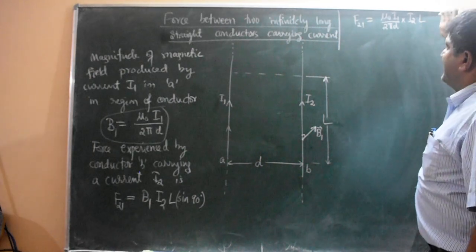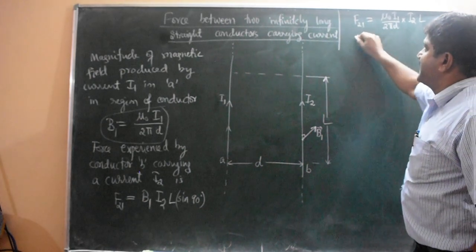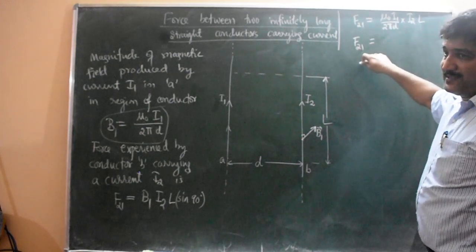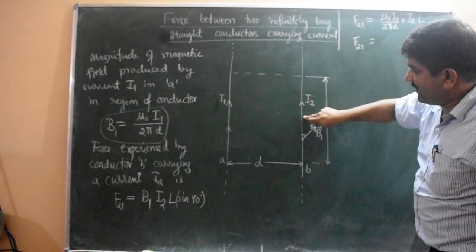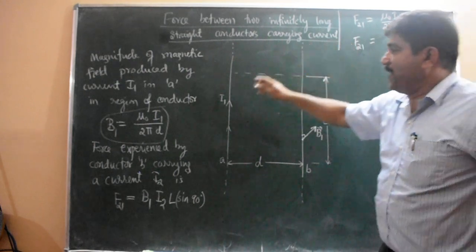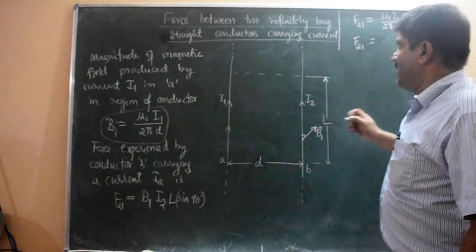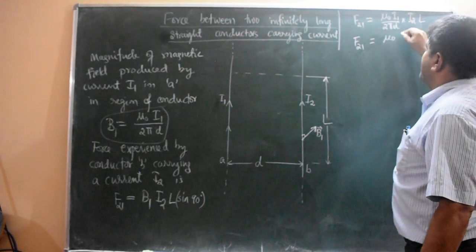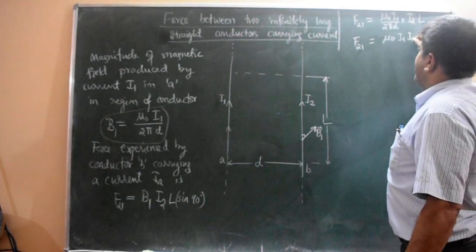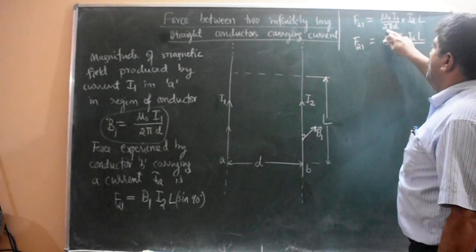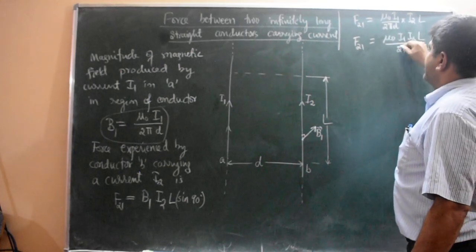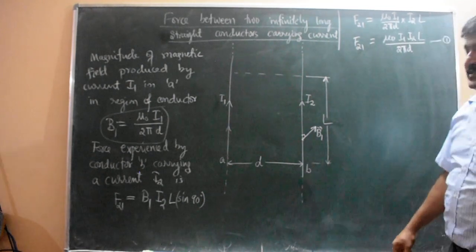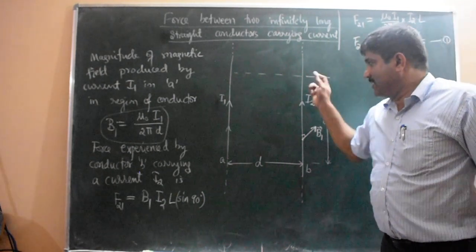Okay, fine. Now we can rewrite this expression for F21. It is only the force experienced by the second conductor due to the field produced by the first conductor. So it is mu naught I1 I2 L divided by 2 pi d. I will call this expression 1. This is the magnitude of the force.